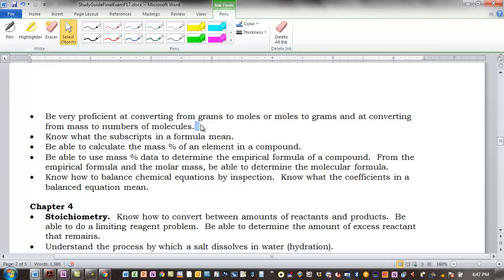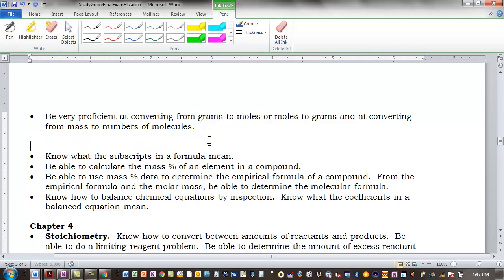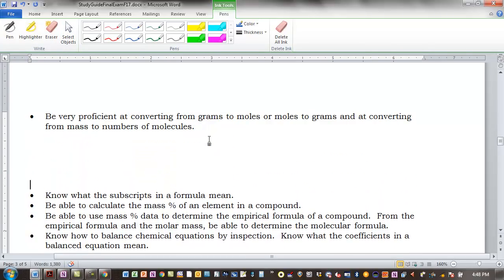The book we're using is kind of odd in the sense that I think of these as the same thing, but in chapter 2 it does grams to moles to atoms for an element, and then in chapter 3 it does grams to moles to molecules for compounds. There's no difference between those calculations. Grams to moles, you use molar mass. Moles to molecules, you use Avogadro's number. It's the same thing, so you're going to use the same conversion factors.